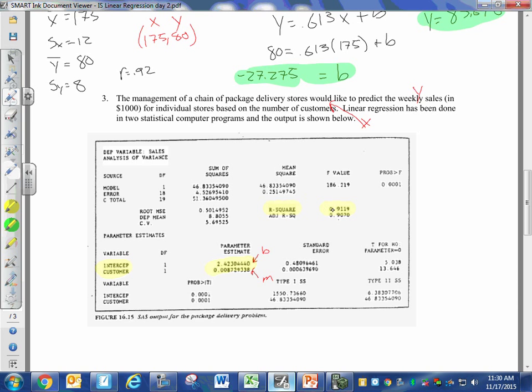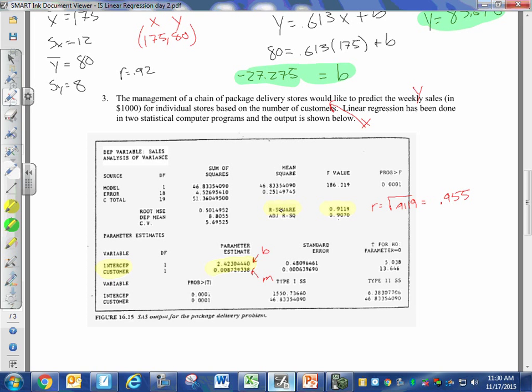Our R square is 0.9119. Our R is going to be equal to the square root of that value. Now, what's the square root of 0.9119? 0.955.